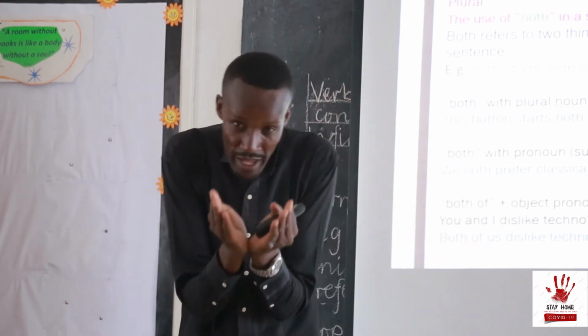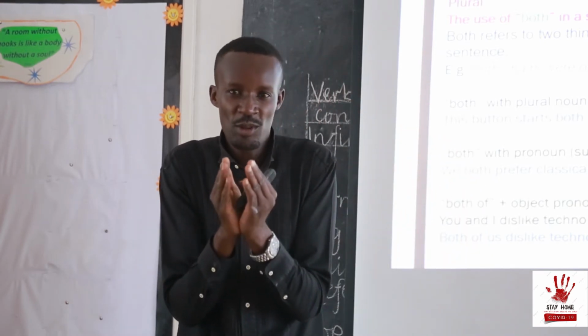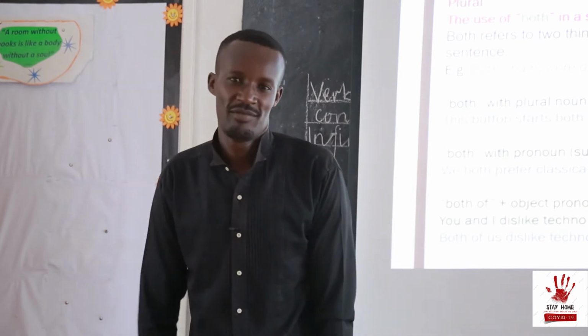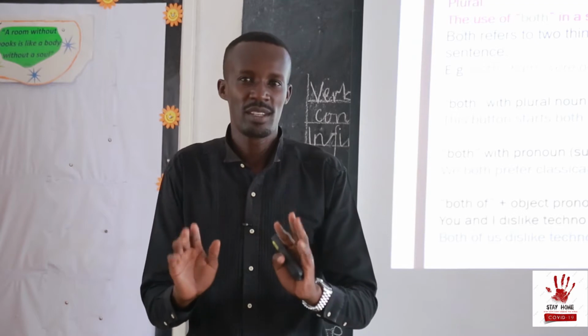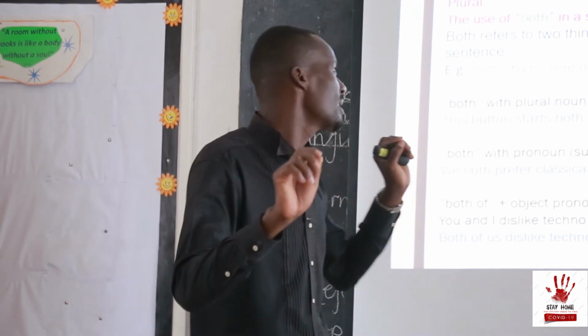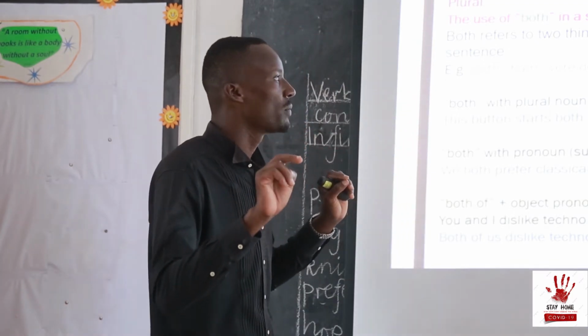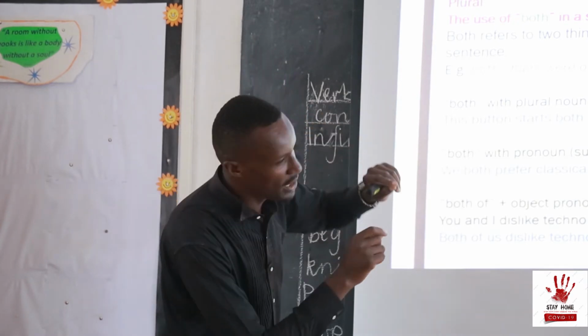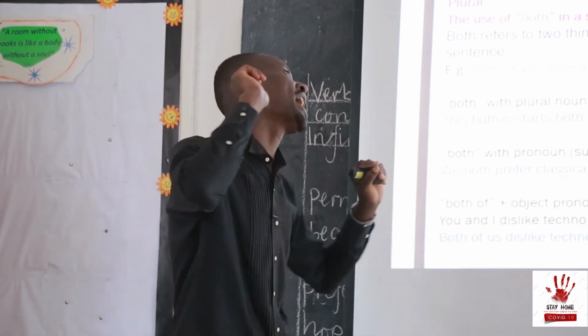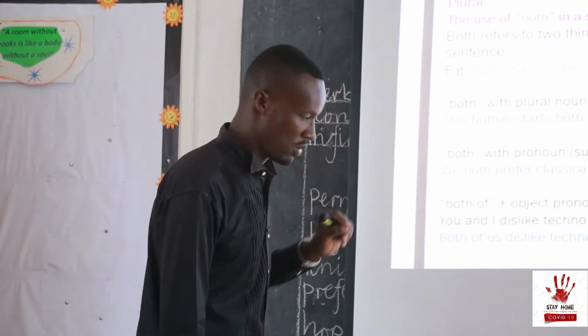Two, but together. Are you two in one? How can you do this and do this simultaneously at the same time? Now, both refers to two things or two people together. And because it refers to two things or two people together, that's why we say it is a plural pronoun.